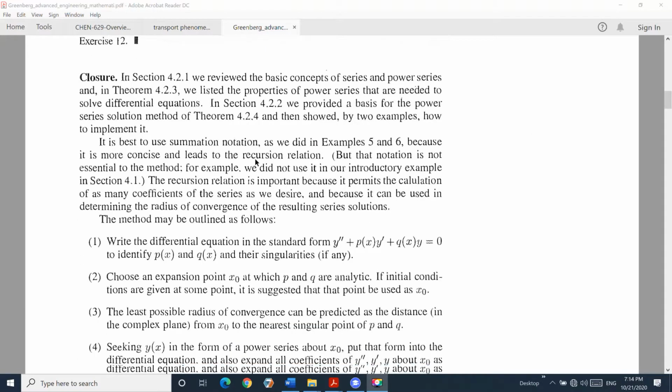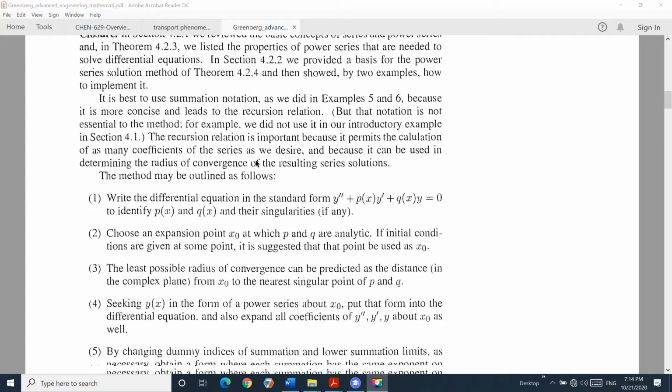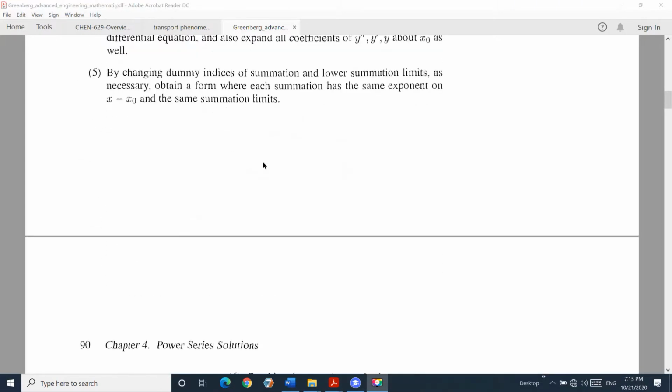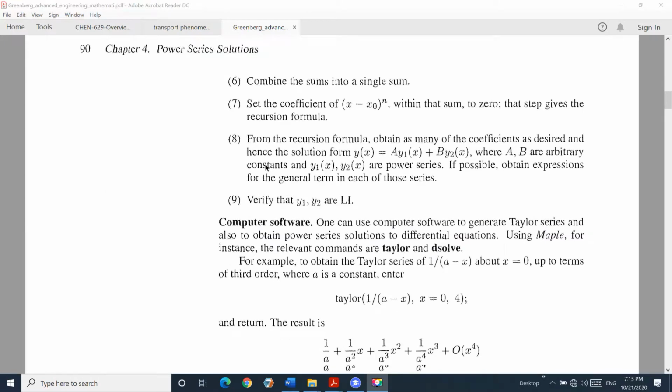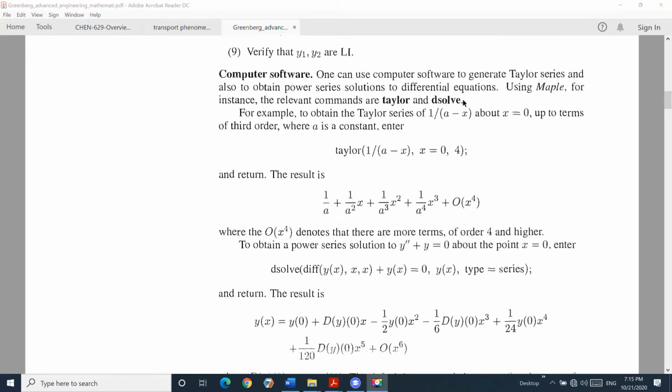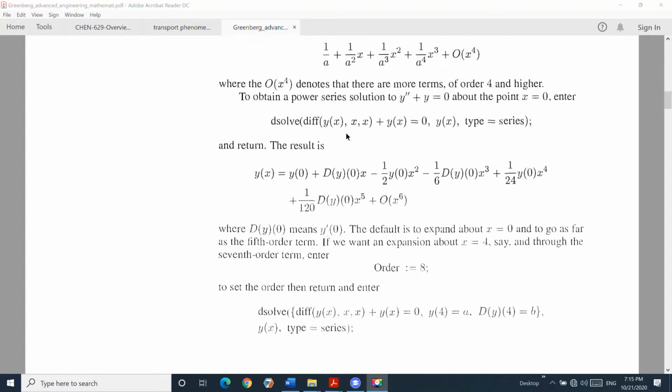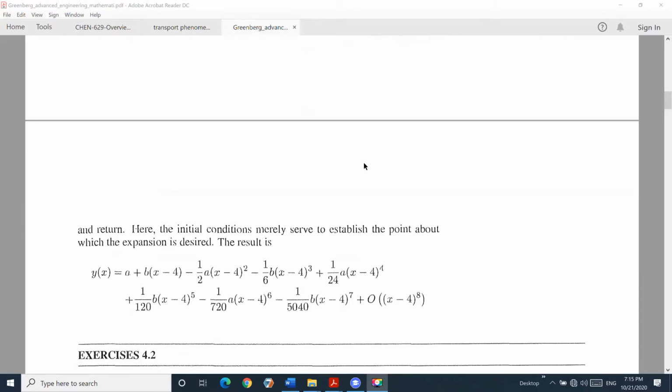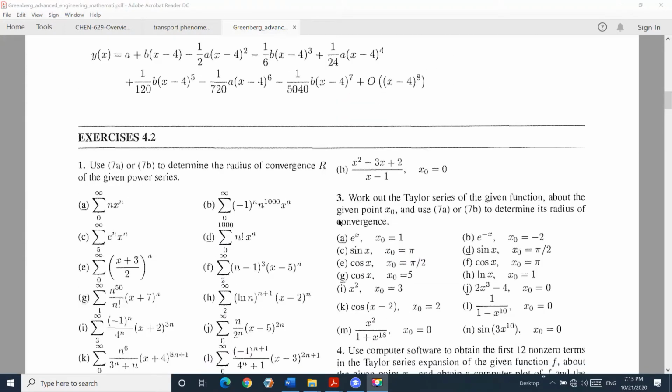It's the closure. You see, it summarizes what was told in this chapter, and computer software. You can use Maple to solve some series problems here, and exercises are given.